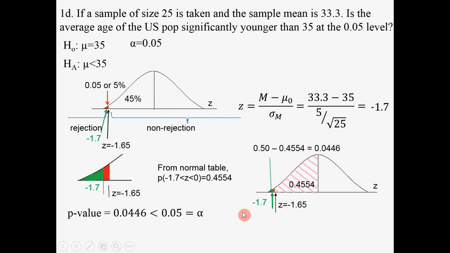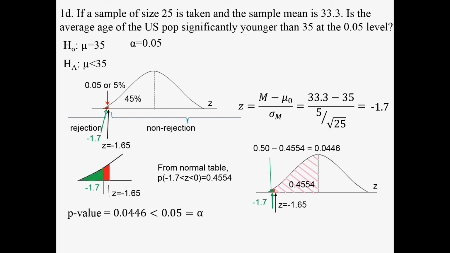So it is smaller than alpha. We should reject the null hypothesis, but we also realize that for the alpha level that we set at 0.05, this particular sample mean is marginally significant because it's just slightly smaller than 0.05.